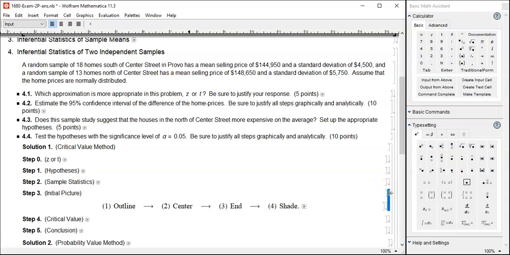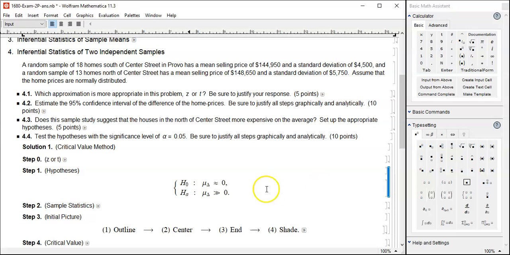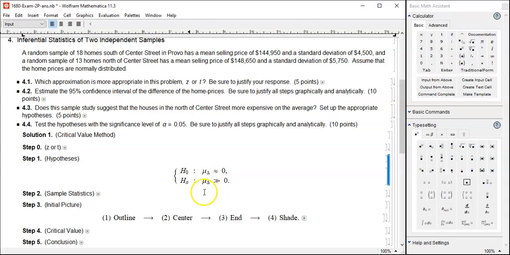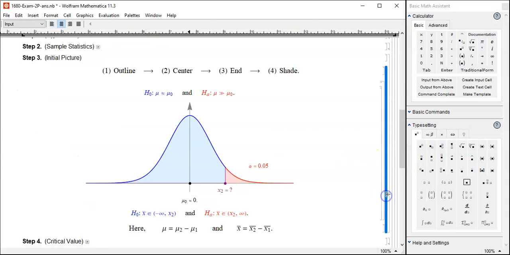So here's the initial picture. Centered around 0, the null hypothesis is 0. And then 3,700, that's to the right. We are also looking for mu greater than 0, so to the right.